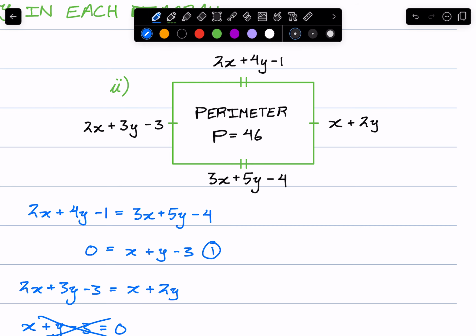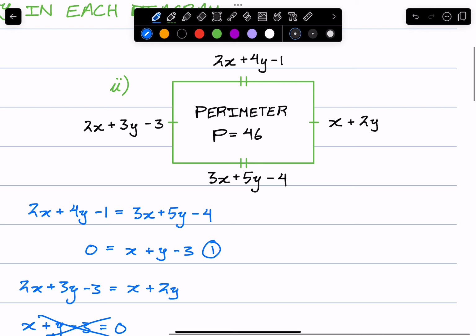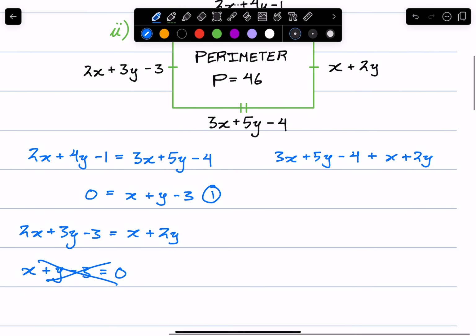So that's the one I'm going to be doing. I'm going to add the two sides. I get 3x plus 5y minus 4 plus x plus 2y. So I'm adding these two, and then I'm going to double this in a moment.